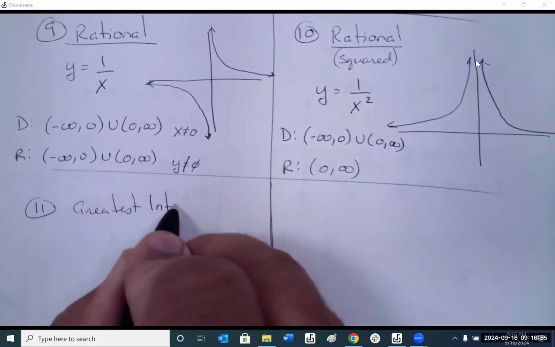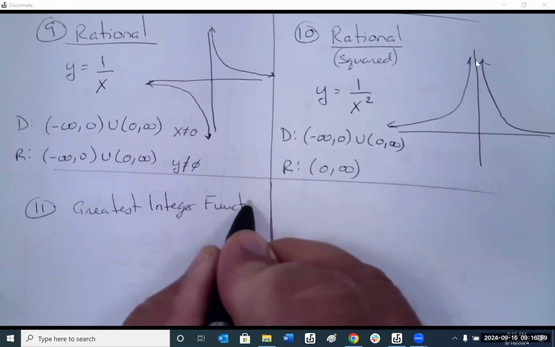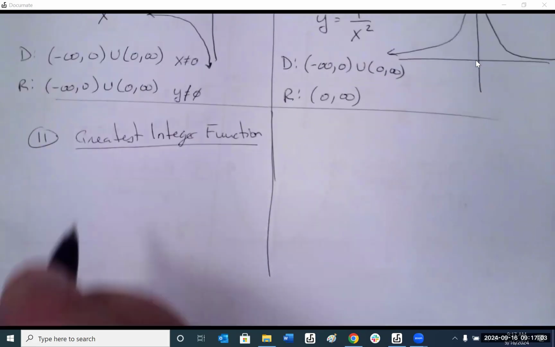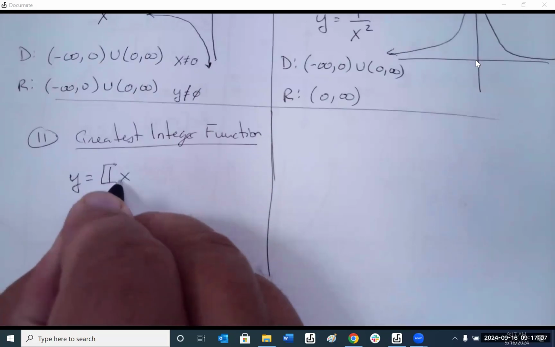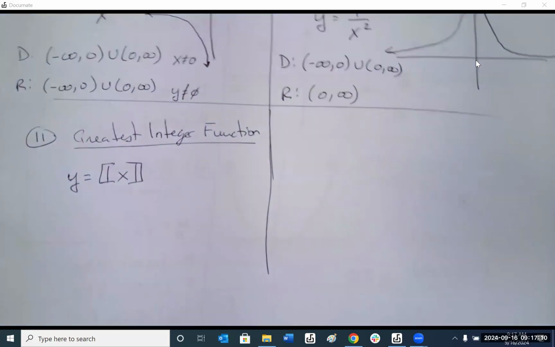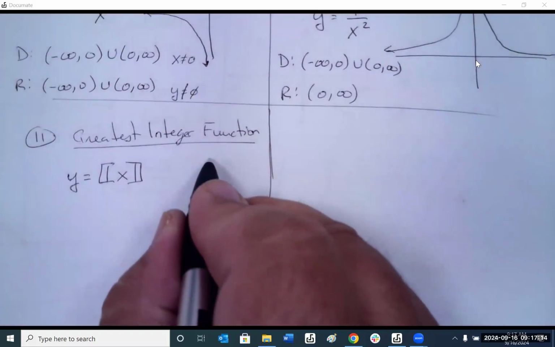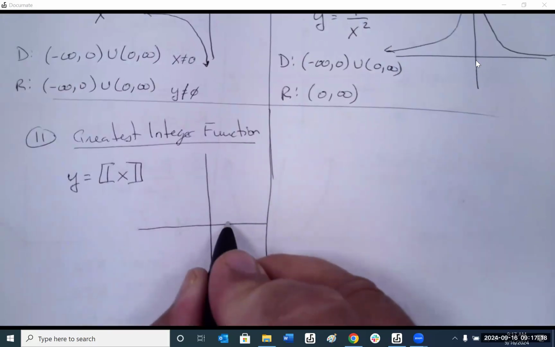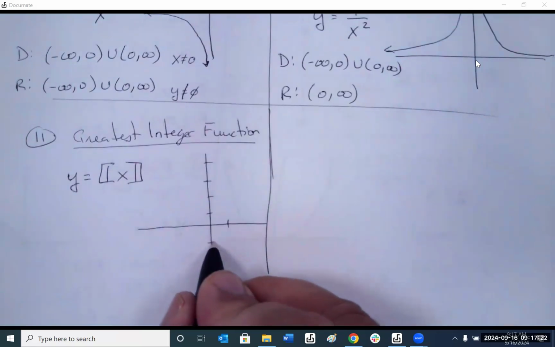The greatest integer function simply tells you that your answers can only be integers.